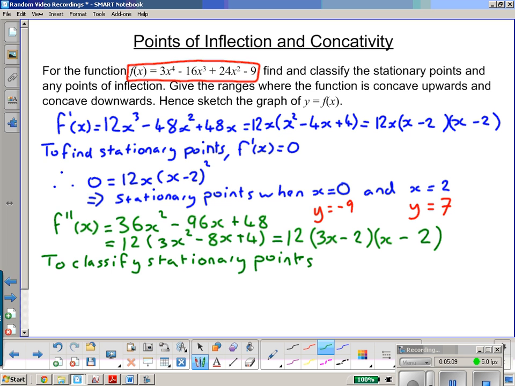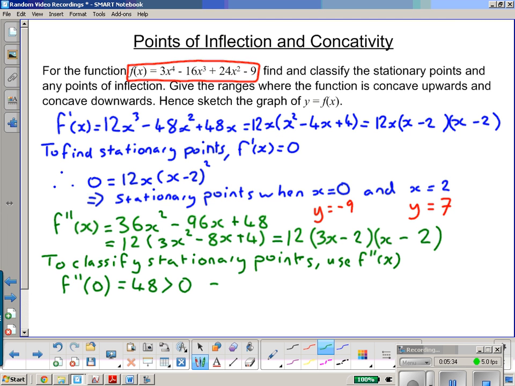So to classify stationary points, we use f double dashed of x. And we use the two points that we've just found. So we have f double dashed of 0. When we put 0 into f double dashed, we just get 48, which is bigger than 0.